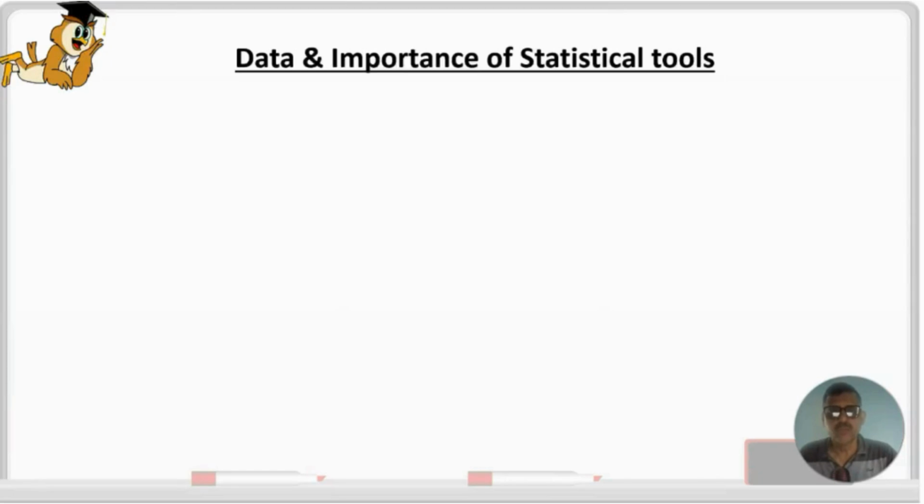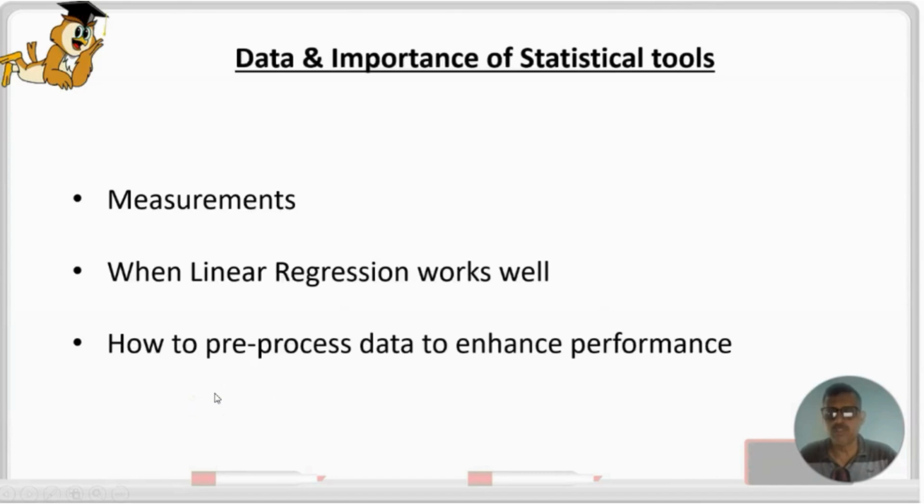So what are we going to be doing in the remainder of this session? Firstly, we'll talk about measurements, how we measure the effectiveness or the efficiency of a linear regression model. That's the first thing we are going to talk about. We will also look at data, and talk about the circumstances in which a linear regression model works well.